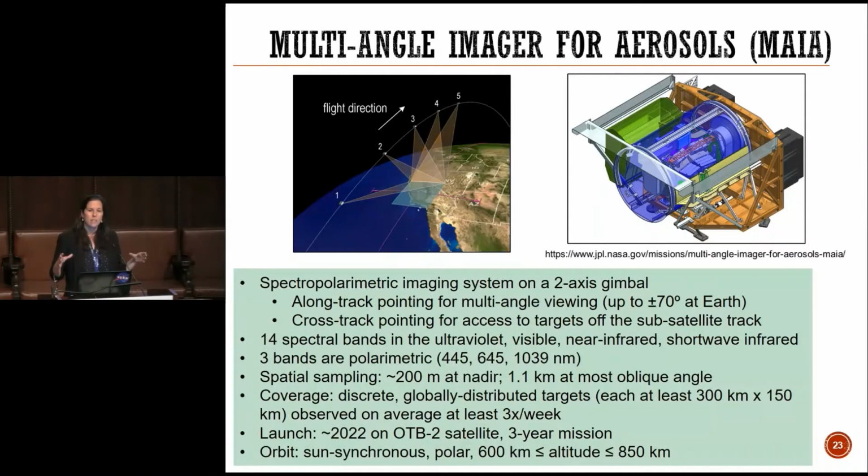MAIA is going to combine the capabilities of both MODIS and MISR and provide 1 kilometer PM modeled data in addition to AOD, which is the first time this is happening. MAIA is planned to be launched in about 2 years, and it's going to be a 3-year mission.